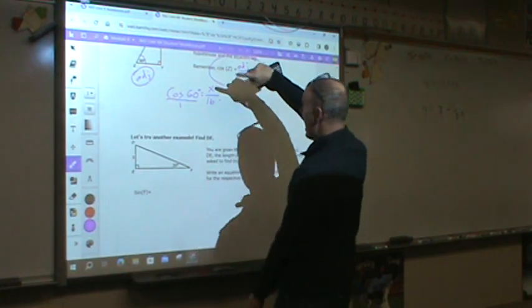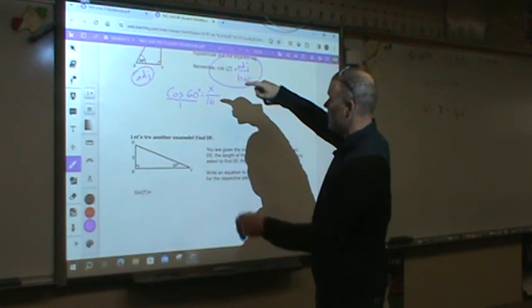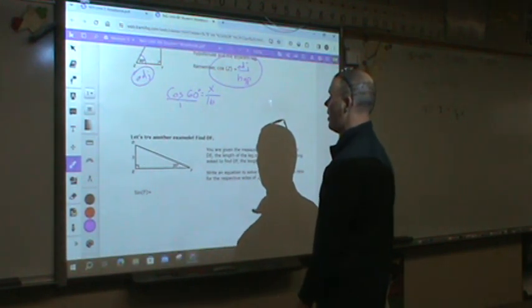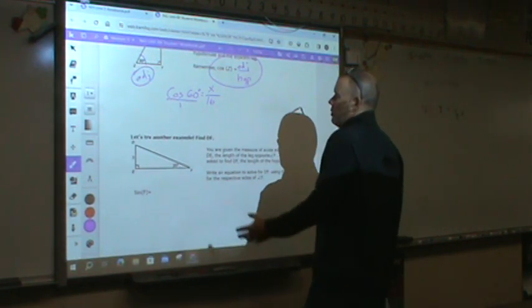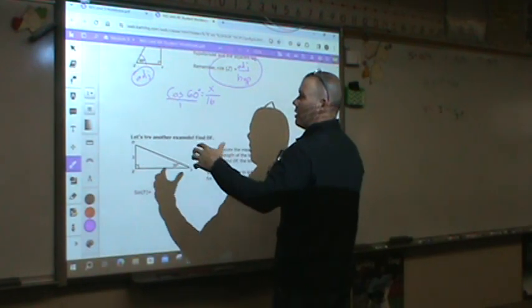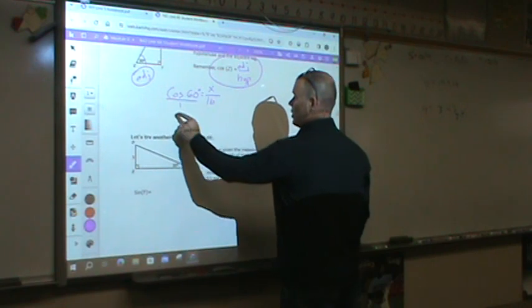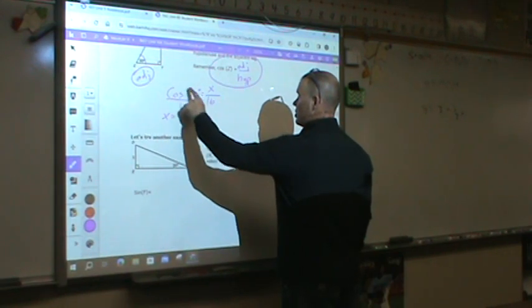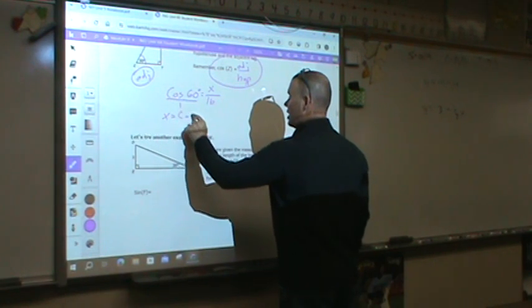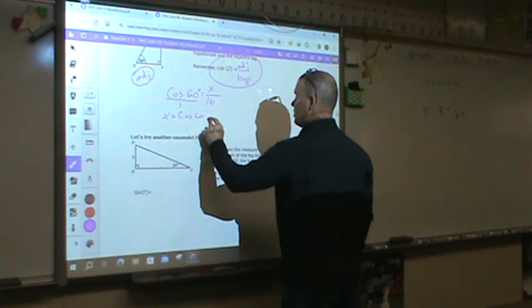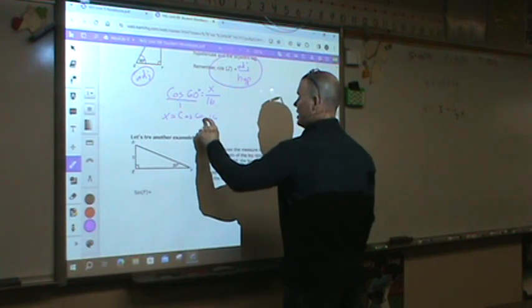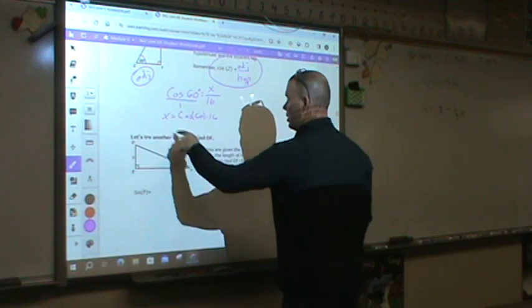So whatever x has to be, x divided by 16, must be equal to 0.5 as well. Well, I cross multiply, right? Just like we did when we compared our special triangles and used ratios. Right here, x times 1 is x. So then this means that the cosine of 60 times 16 is going to be equal to x.